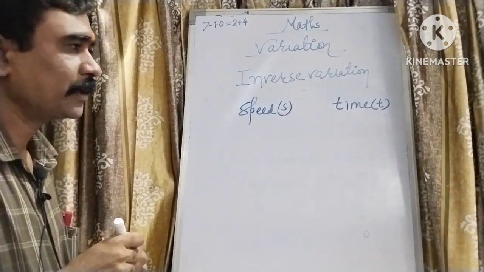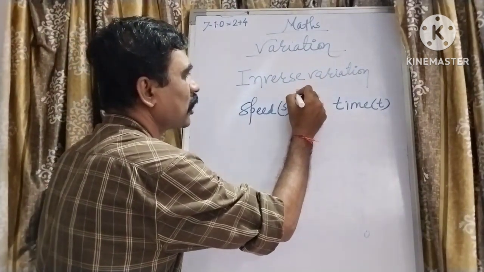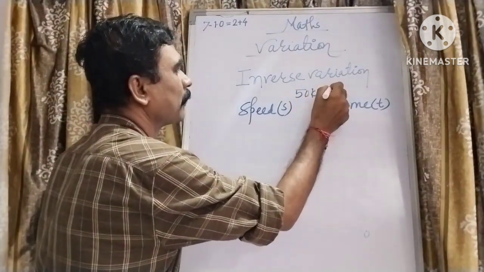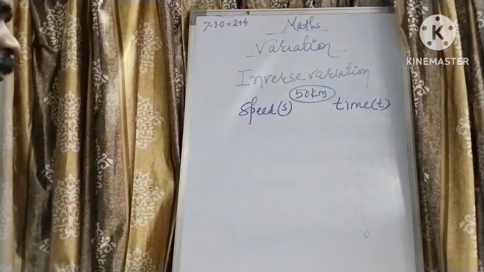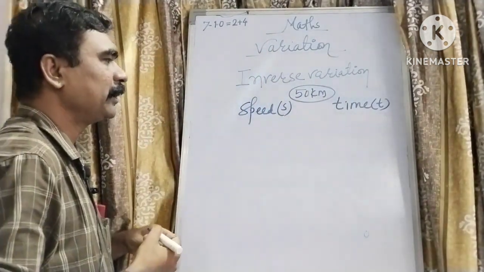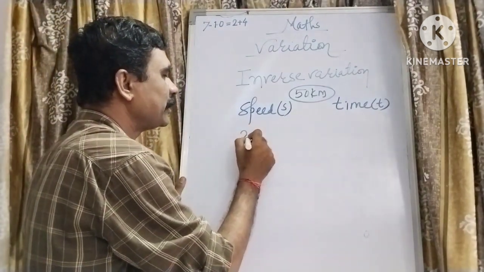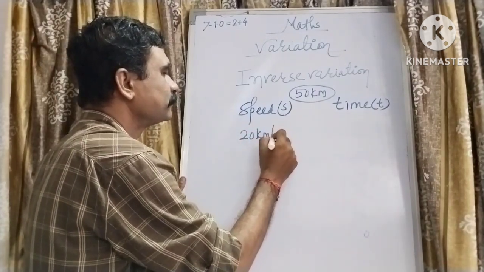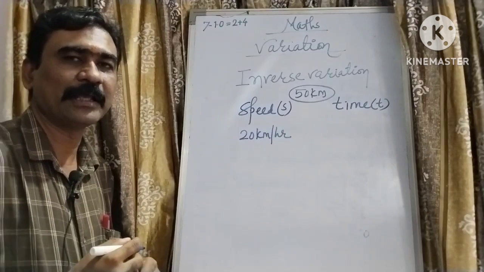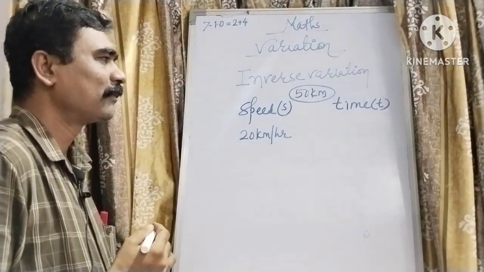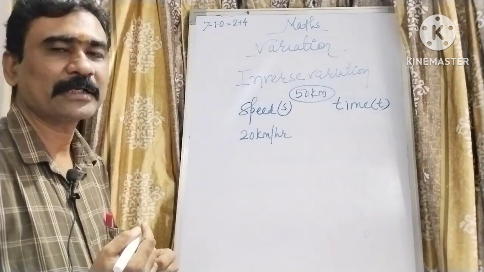So if you have to travel a distance of 50 kilometer, and if you travel at a speed of suppose 20 kilometer per hour, then what is the time to complete your journey of 50 kilometer?